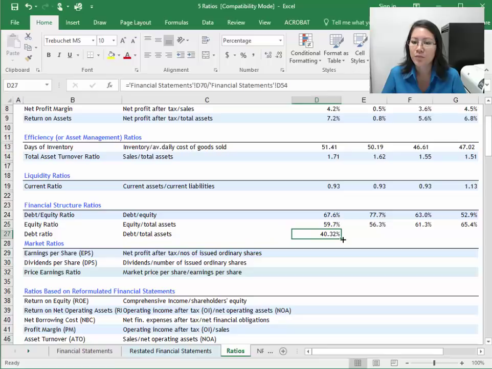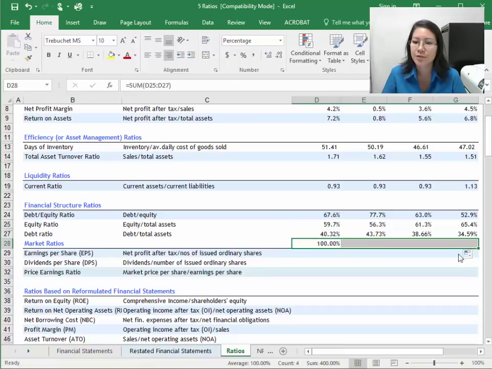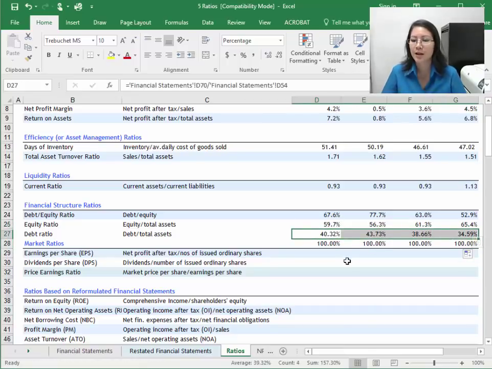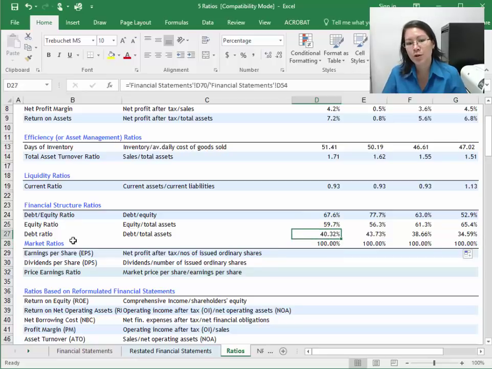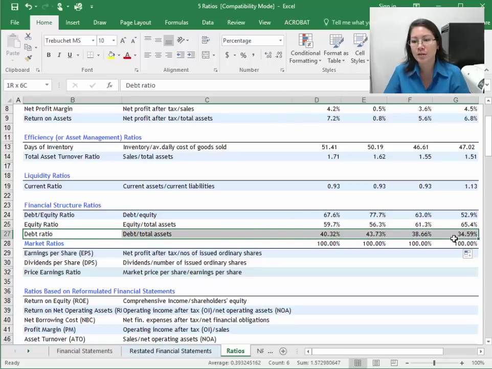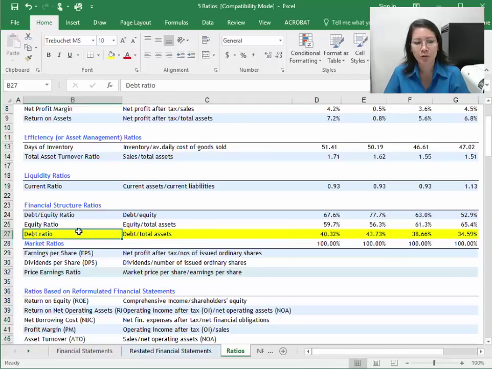Okay, so my debt divided by my total assets, both of these should add to 100%. See that? That's what I'm saying. So if we were to do our debt ratio, we could actually see that our debt is increasing from 34% up to 40% over the last 4 years. So something's going on with their borrowings. You don't have to do these. So I'll just highlight them in yellow. Not required, but just wanted to illustrate part of what I was discussing in the lecture.